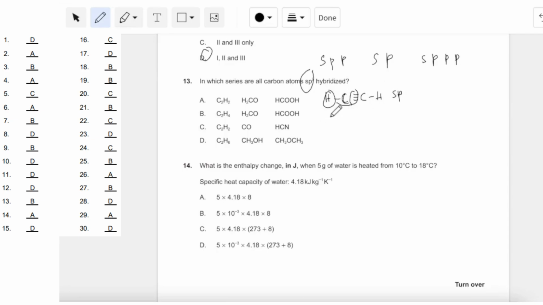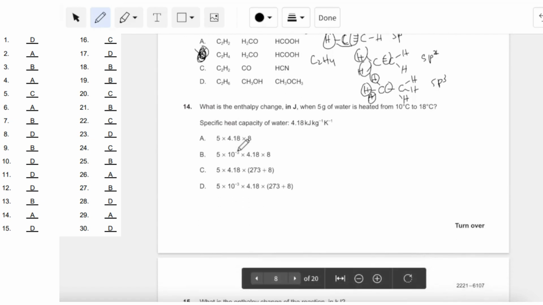What about C2H4? 1, 2, 3, so it's sp2. And then C2H6: 1, 2, 3, 4, so it's sp3. So it means this one.